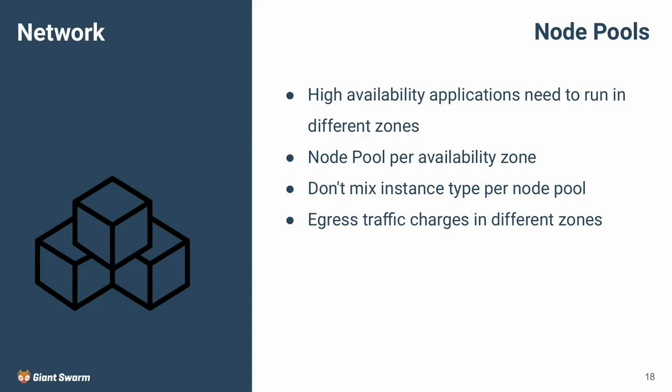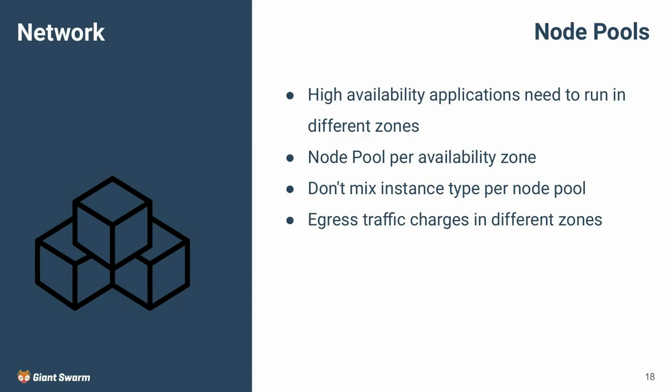But there is also a cost, an extra cost in terms of egress traffic. Usually cloud providers invoice you by the amount of bytes that you move between different zones. So you don't always need to put your applications in different zones. That obviously depends on how reliable it needs to be, which will be the SLA of your application.